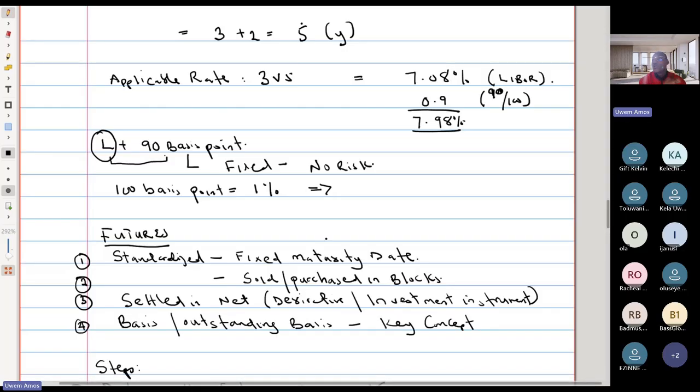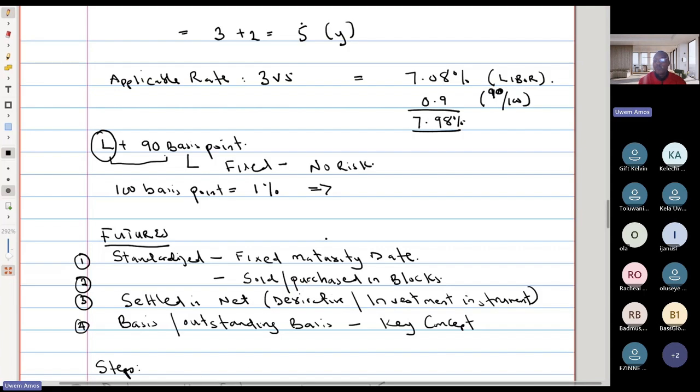Risk is the likelihood that something might go wrong, which is the LIBOR. It can change. And that is what we're trying to manage. The 90 basis point is fixed. So whenever you do your calculation, you would always add the fixed element because it is not risk. It is certain. It is known. So we're not managing what is already known. What we're managing is something that might go wrong, which is the risk.